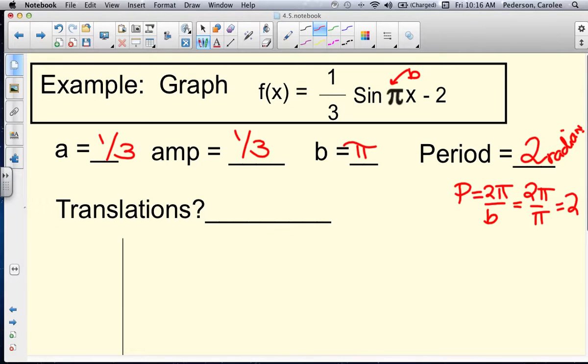Is there any translations up or down? Yes. Where does that occur in the equation? The -2. I have a d, so that tells me I'm going to go down. You agree? Okay. So we're going to go down 2 units.